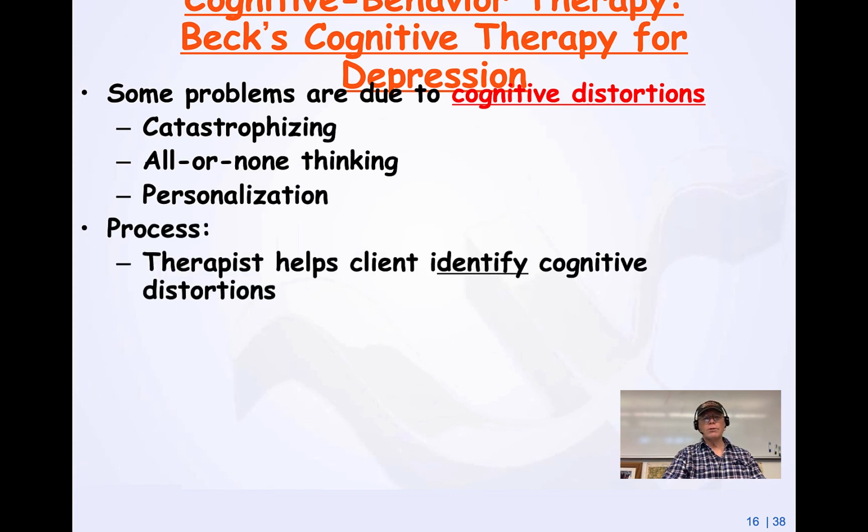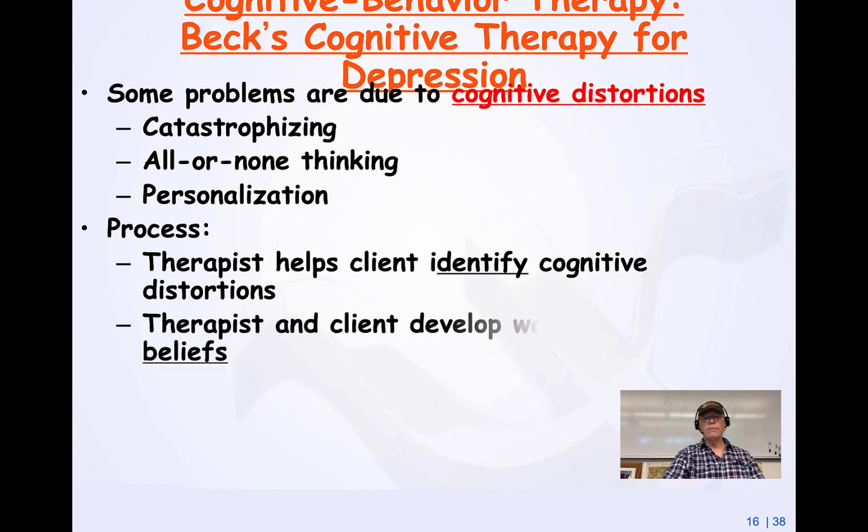So what's the process of this? You identify cognitive distortions, just like previously you identify cognitive conflict areas. Then you develop ways to treat those cognitive distortions.